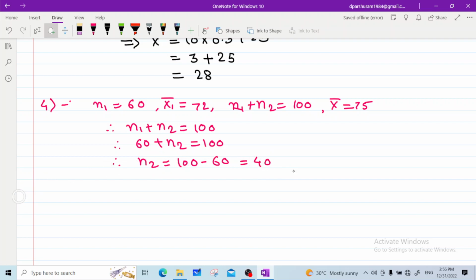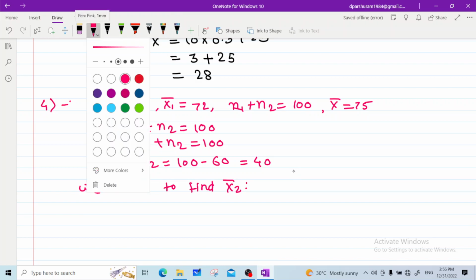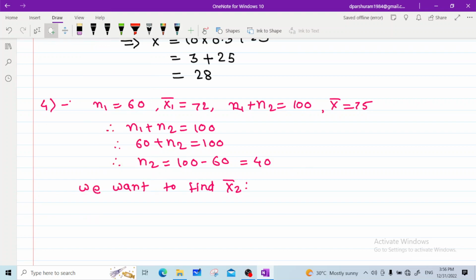Okay. Now here we want to find x2 bar. So for this we use the formula x bar is equal to n1 x1 bar plus n2 x2 bar divided by n1 plus n2.